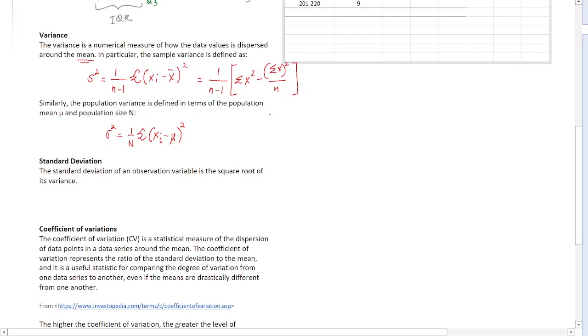Because with the second formula, you can use your calculator directly to calculate the standard deviation or the variance. But with the first one, you have to come up with a table, find the mean, and then calculate the differences and square them.